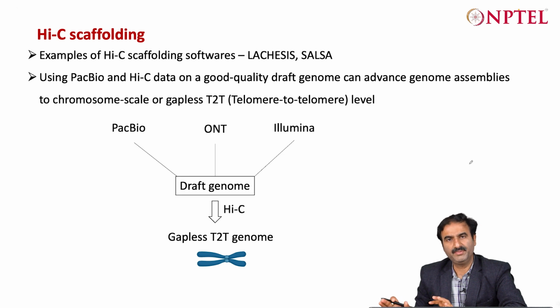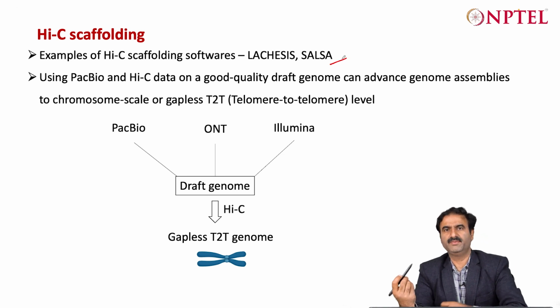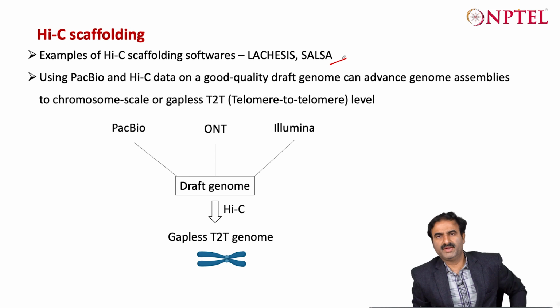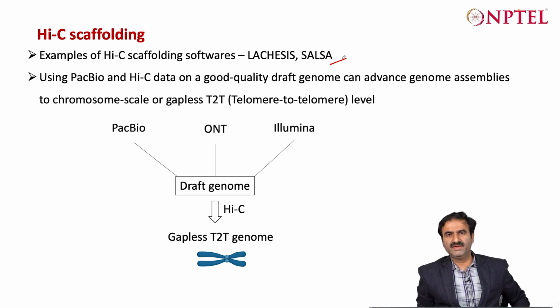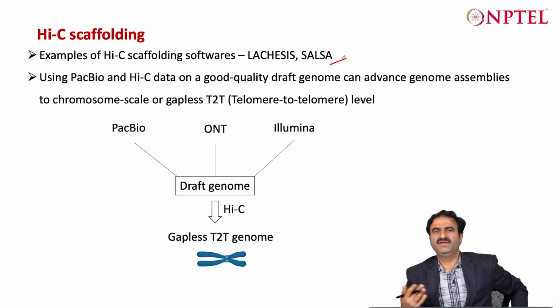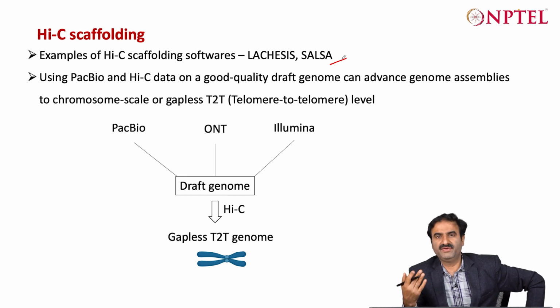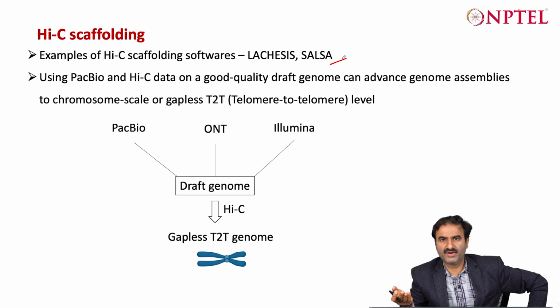Now it is time to resolve the data and use the previous assembly data to achieve a chromosomal level draft assembly. Various tools can be used for this. A good quality previous genome based on PacBio or ONT plus short reads, error corrected and polished, is a good input for Hi-C.